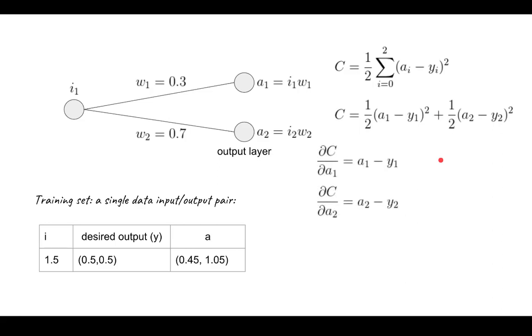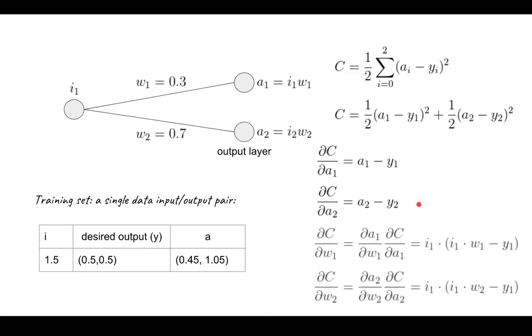And just as before, we have to get the derivative of that. So the rate of change of the cost function with respect to A1 and A2, those look simple enough. And finally, we can get the rate of change of the cost function with respect to W1 and W2. And their derivatives, of course, are just as before. They're I1, so that's right here.